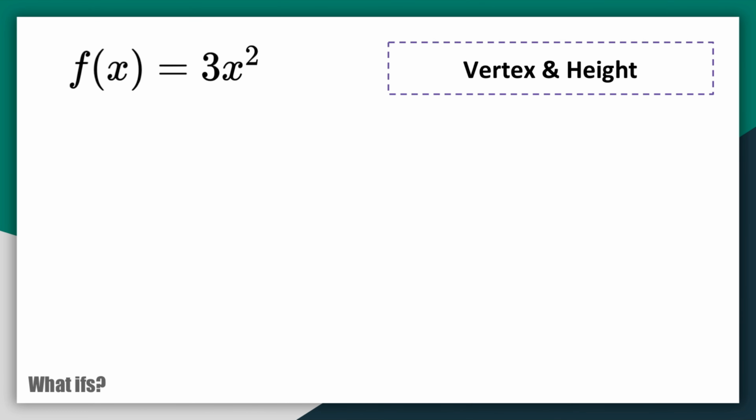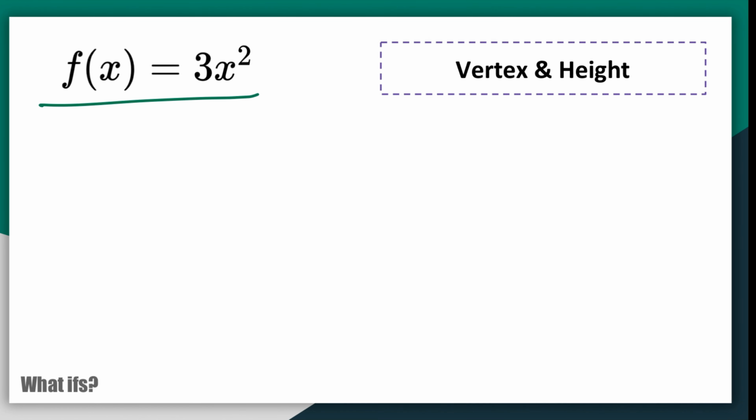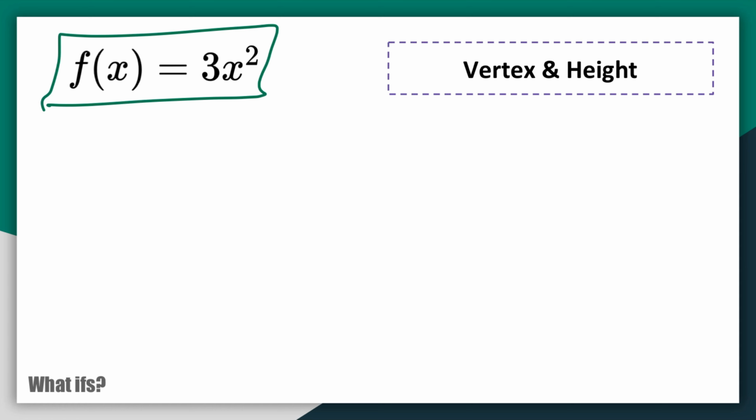All right, so I have some what ifs here. The reason why I have some what ifs is, what if something was missing? This is going to be the last thing that we cover, and it's very important. This is still a quadratic, but you see a ton of missing pieces. So what do we do?